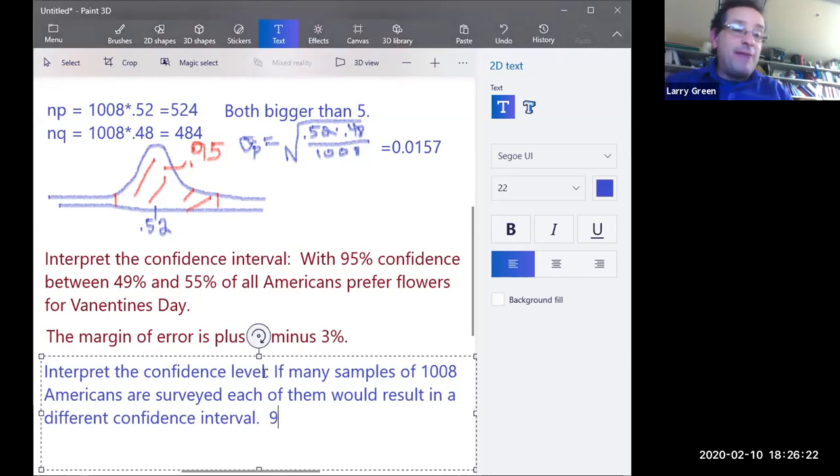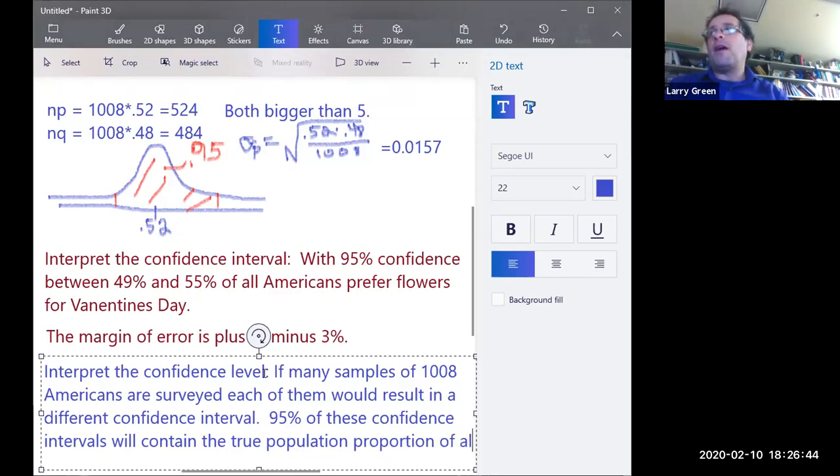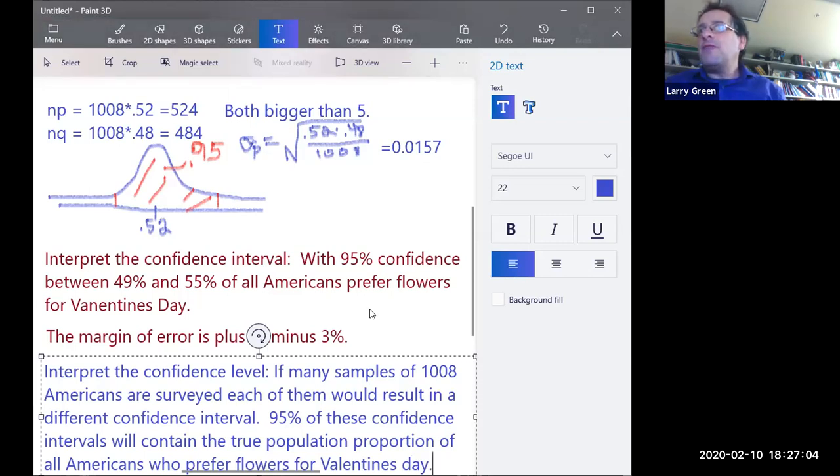And we can say 95% of these confidence intervals will contain the true population proportion of all Americans who prefer flowers for Valentine's Day. Any questions on this interpretation?